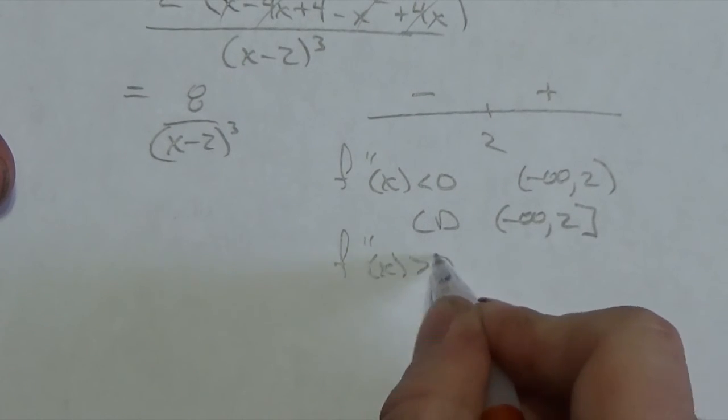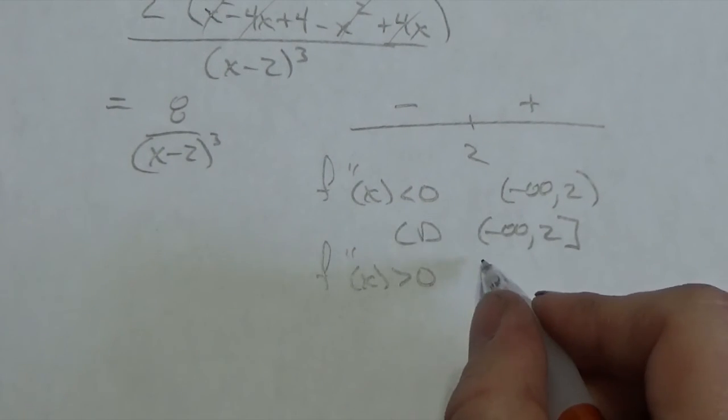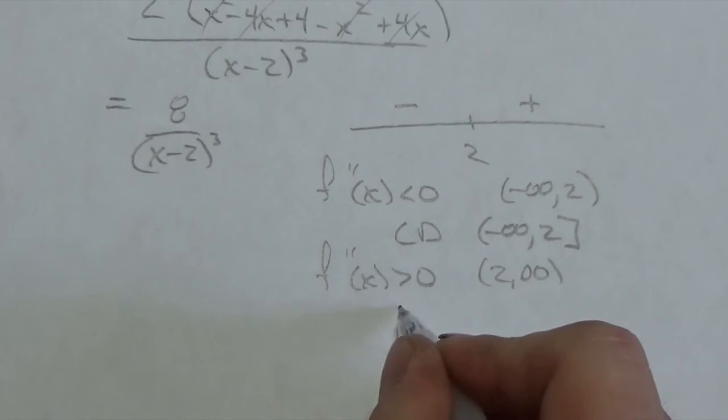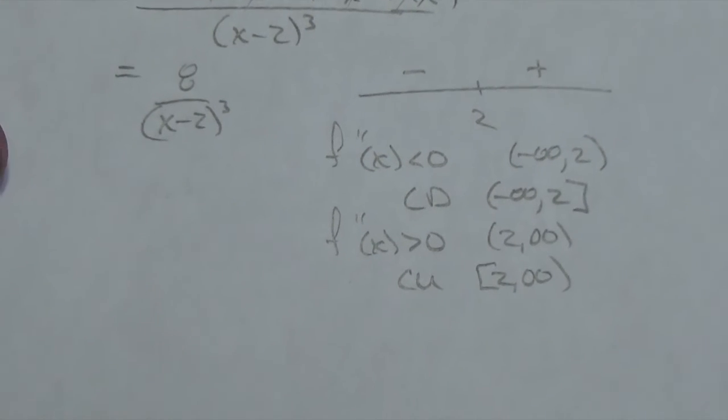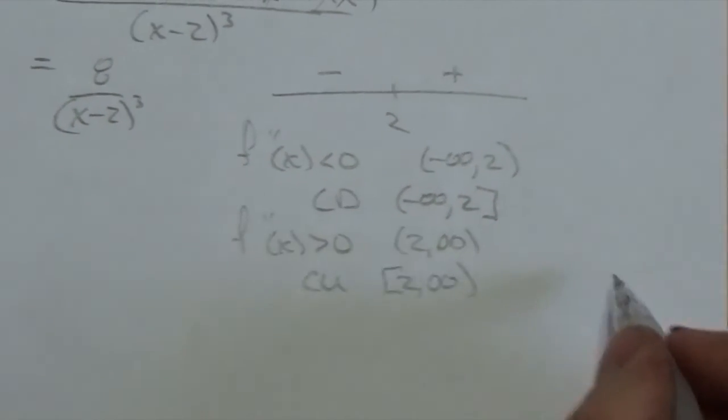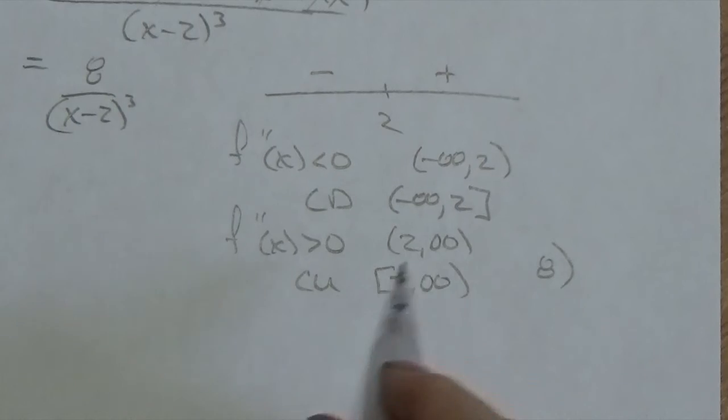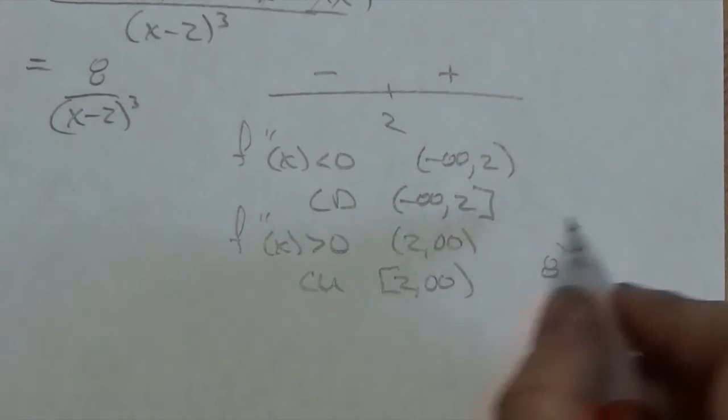Second derivative is going to be positive on the interval 2 to positive infinity, which means it's concave up from 2 to infinity.